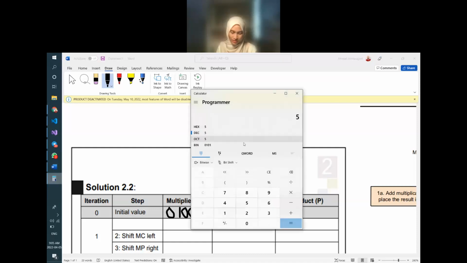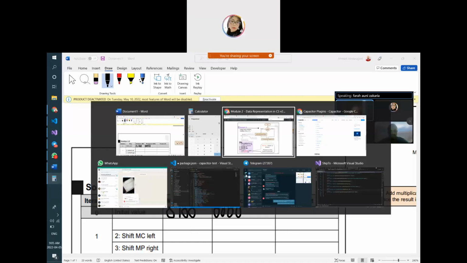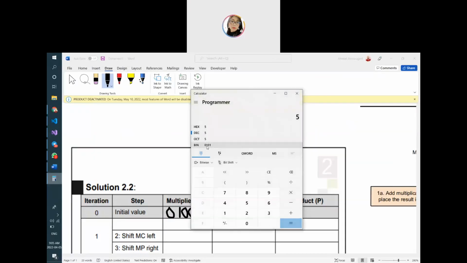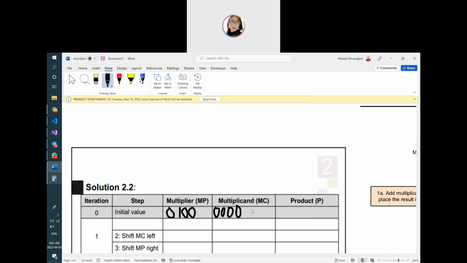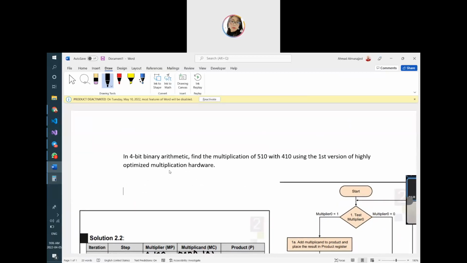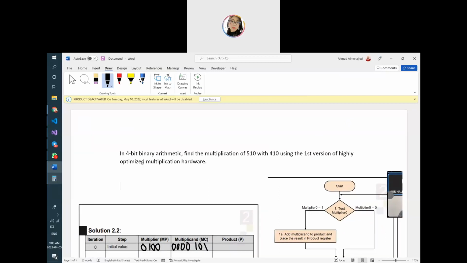Normally the question will mention how many bits. Maybe you can see example exercise 2.2 is mentioned in 4-bit binary. At the starting of the question, it mentions 4 bits. So the MP will be 4 bits, but MC will be double what the question mentions.